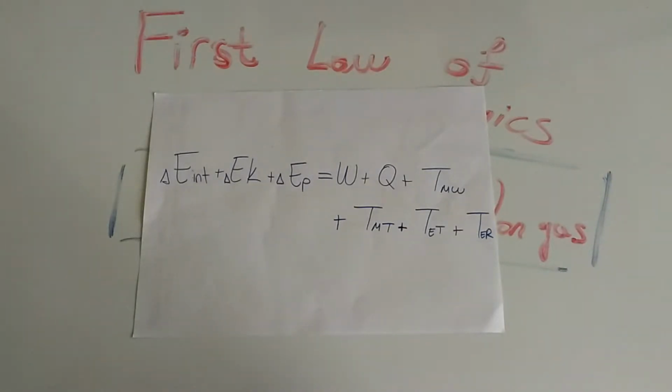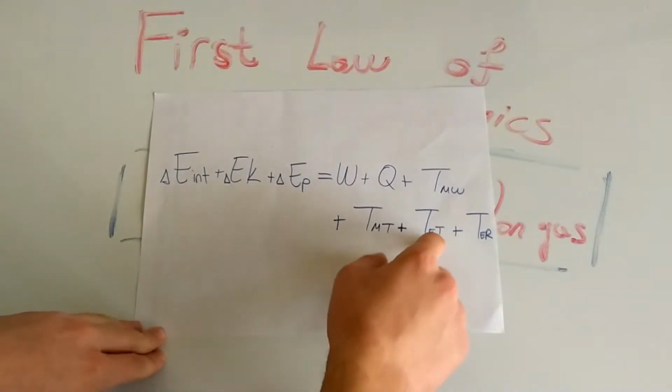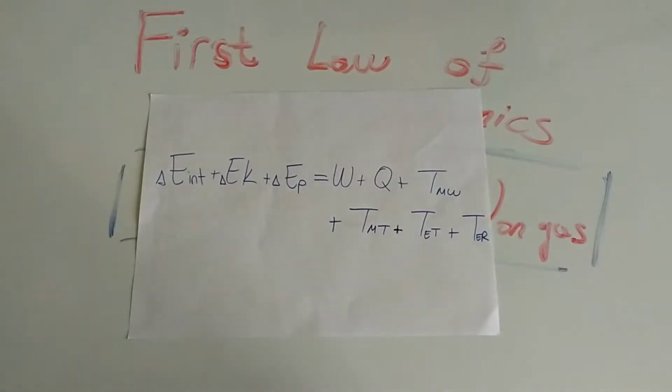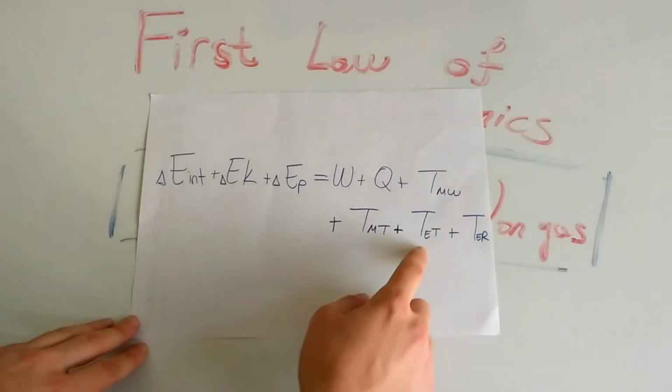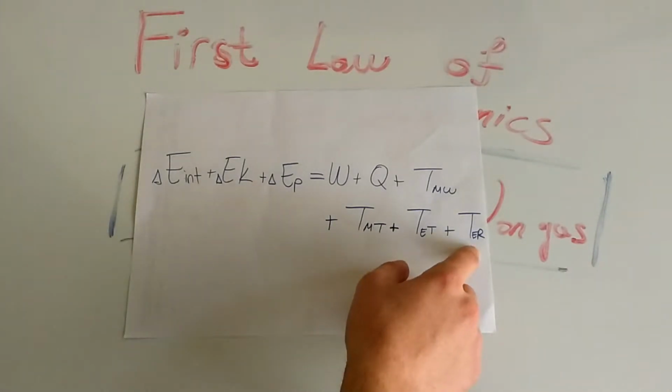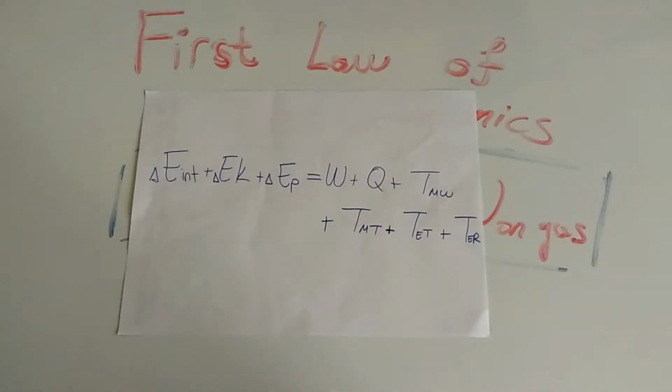So basically convection. T subscript ET is for electrical transmission, so basically electrical work. Then ER stands for electromagnetic radiation.